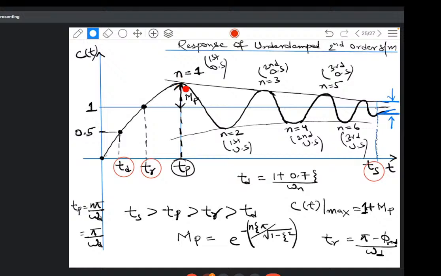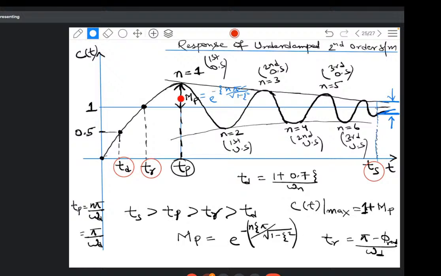This was my peak overshoot or maximum overshoot, and the formula for maximum overshoot was (C of Tp minus C of infinity) divided by C of infinity. Otherwise, you have to remember the formula Mp is equal to e to the power minus zeta pi by under root 1 minus zeta square. This will all be in the exponent.